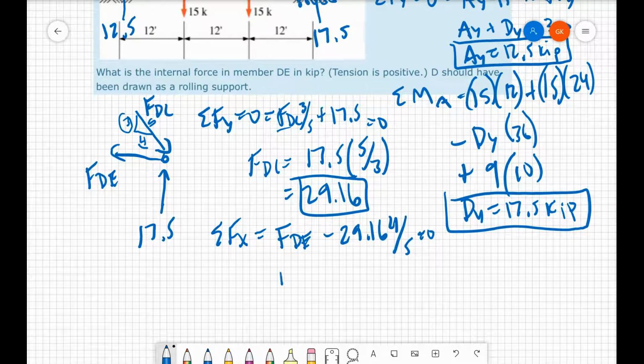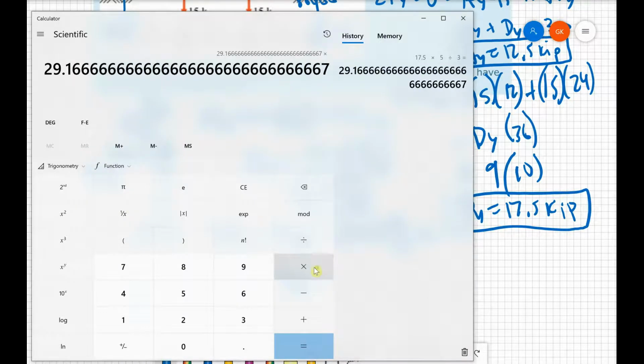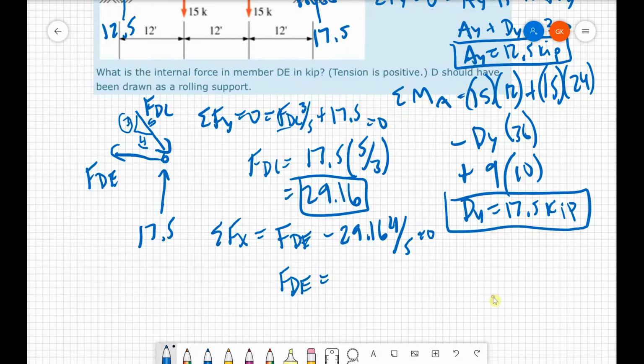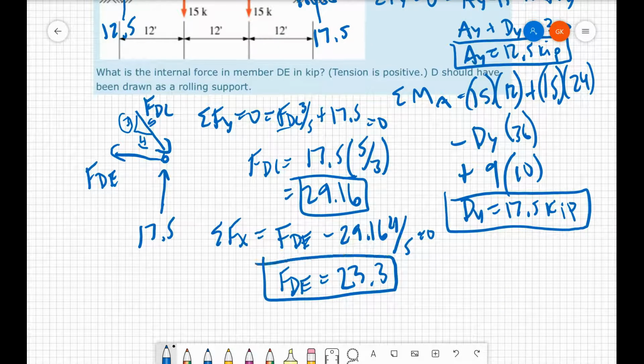That's going to equal 0. So FDE will equal 23.33 repeating. Okay, and that should be your answer.